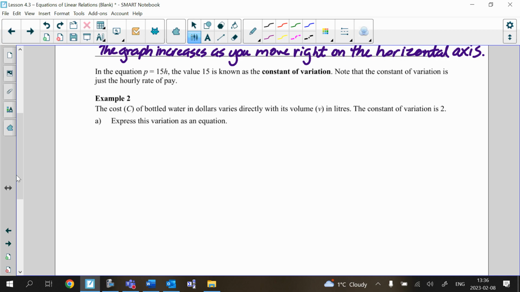Which one can we control? The volume or the cost? The volume, right? And the cost changes depend on what we choose as the volume. So this would be the independent. This would be the dependent.